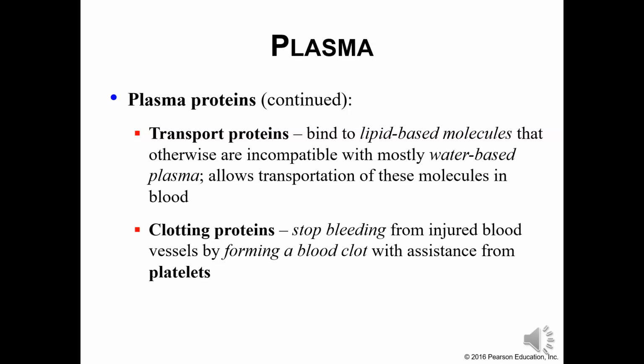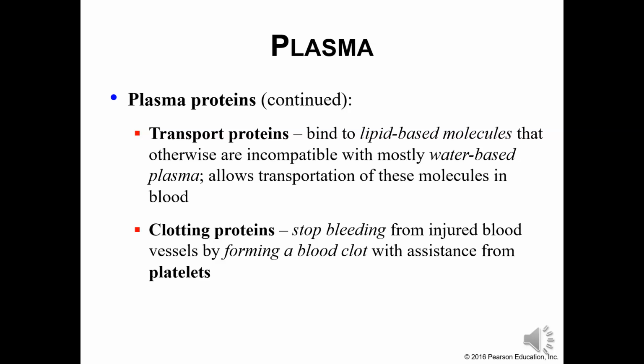And it allows transport of many of these lipid-based molecules in your blood. Very low density lipoproteins, low density lipoproteins, and high density lipoproteins are a few examples of lipid-based transport proteins that carry cholesterol in your body.